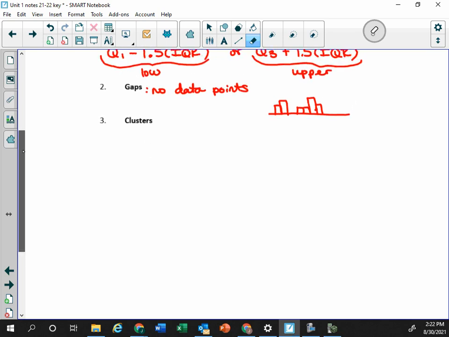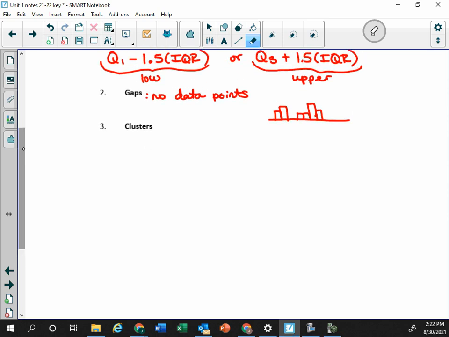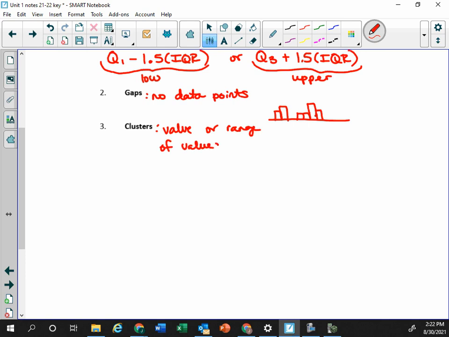All right, and then we have clusters. The more formal definition of this is a value or range of values with a noticeably large proportion of data points.